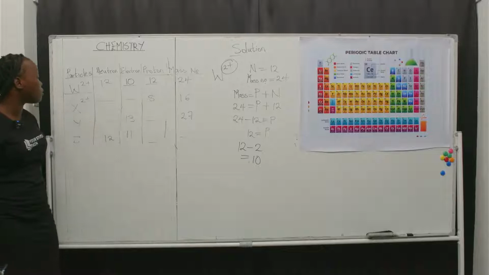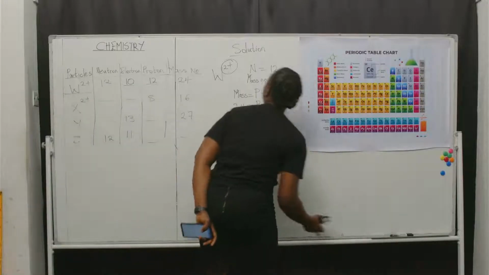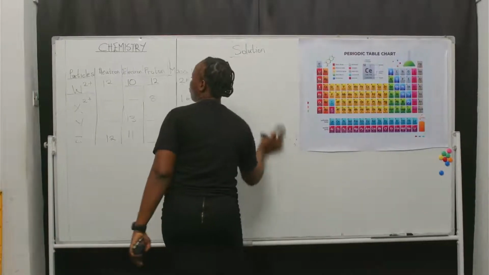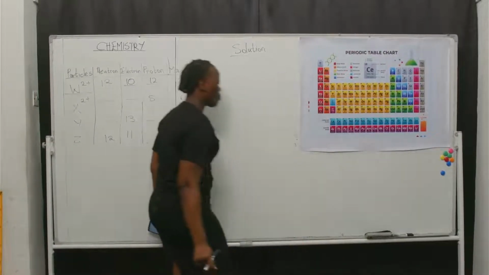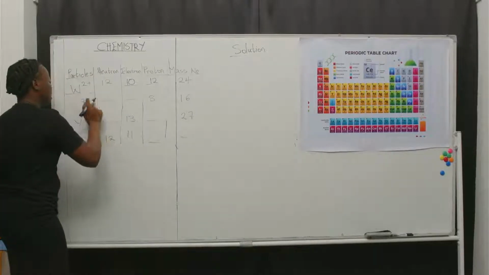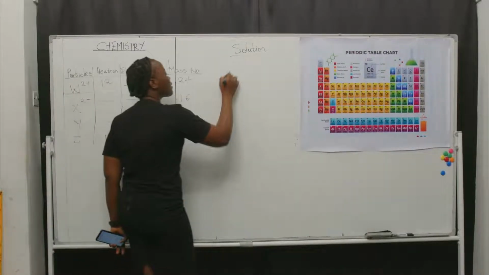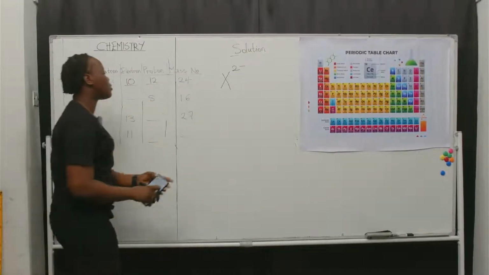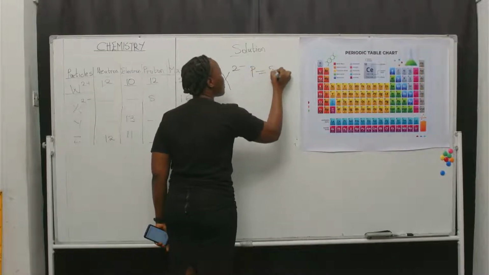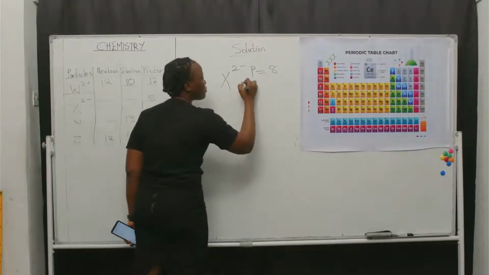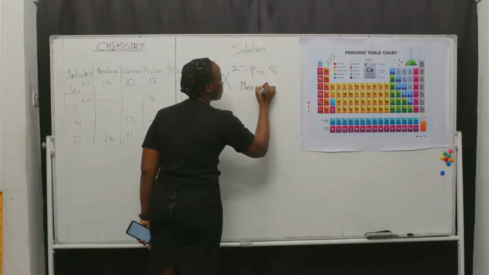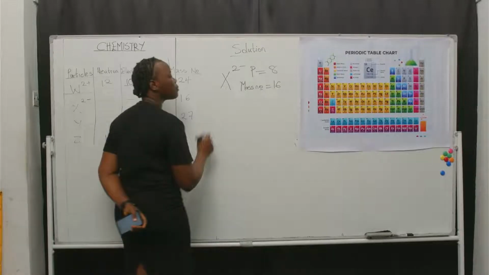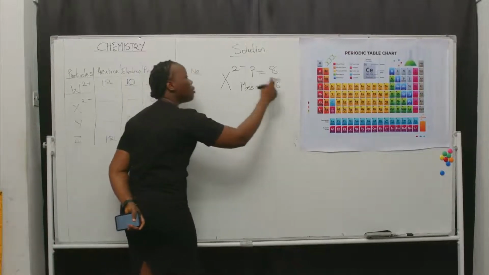Let's move on to the second. Let this be a negative sign. X2 minus. We're given the proton number to be 8. So proton 8, mass number 16. From here, we know our mass number, we know our proton number.